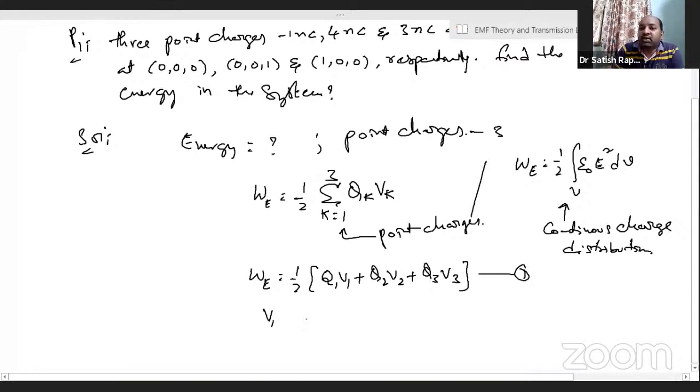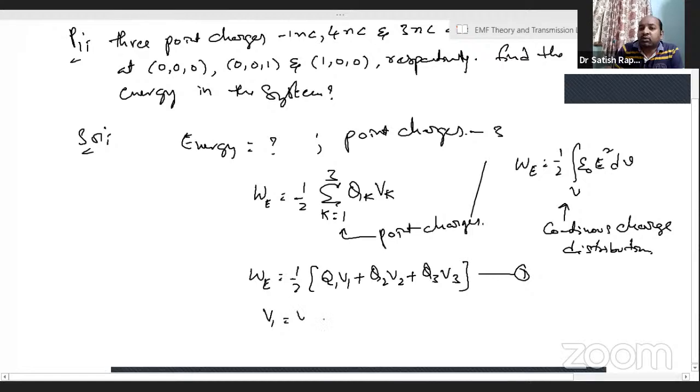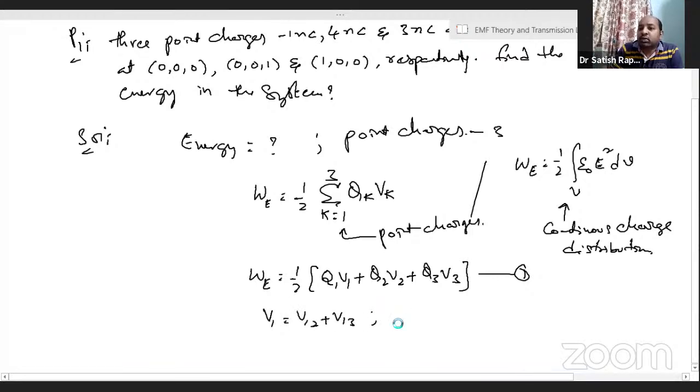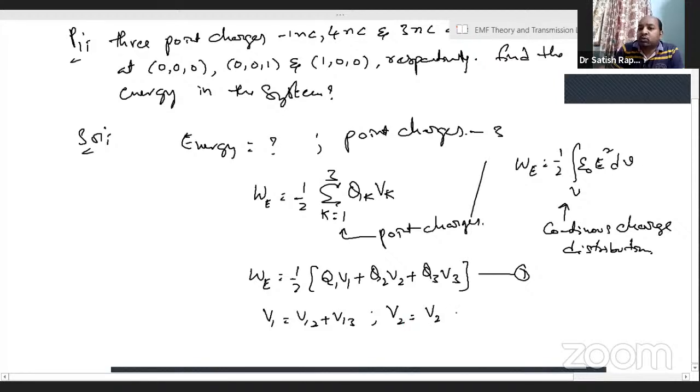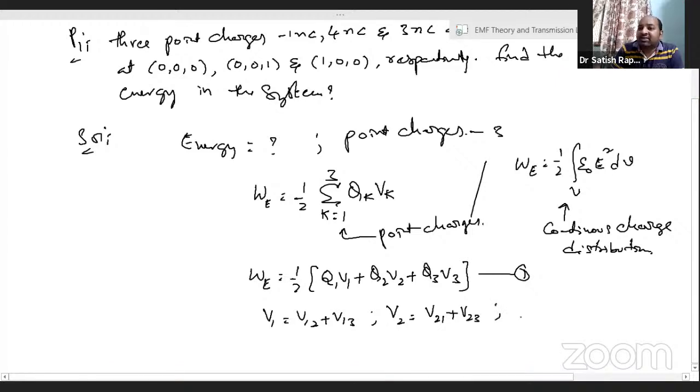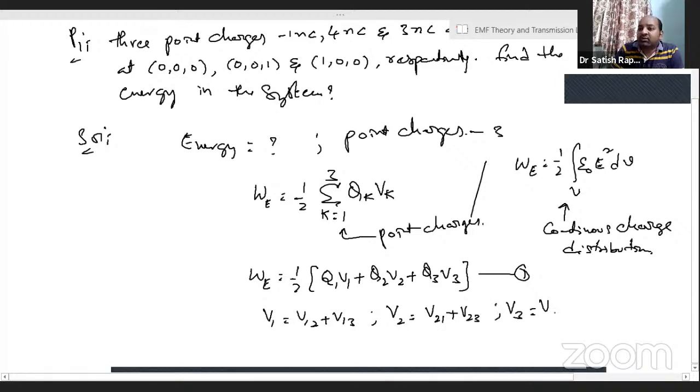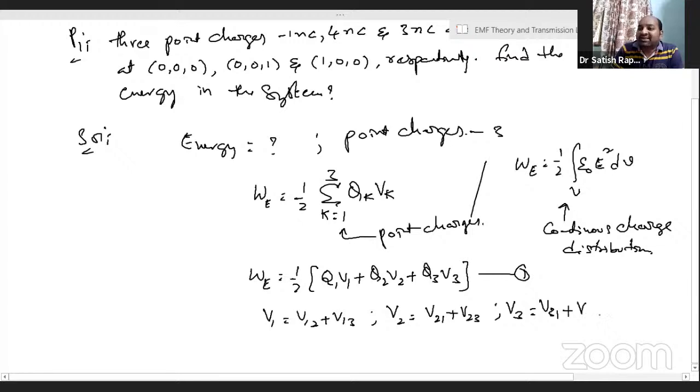So what is v1? V1 is equal to v12 plus v13. And v2 is equal to v21 plus v23. Similarly v3 is equal to v31 plus v32.